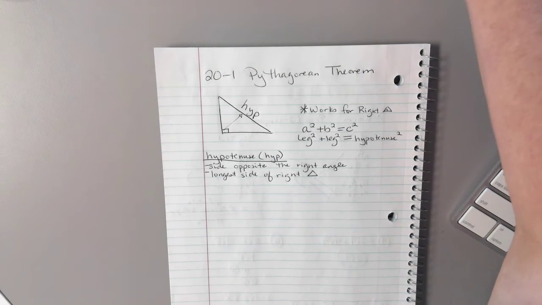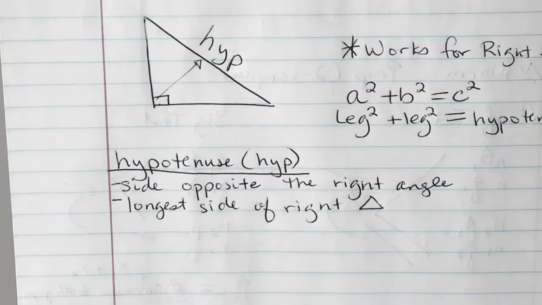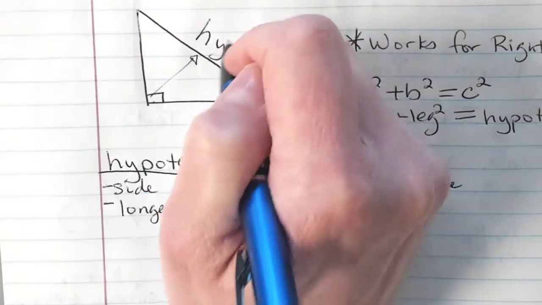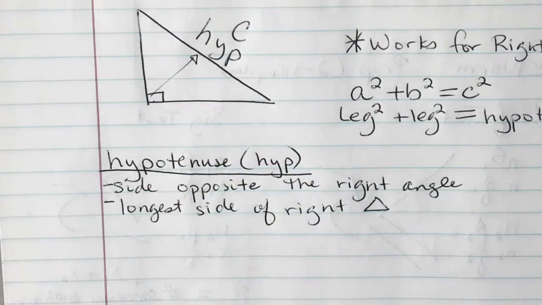That is our hypotenuse. It's going to be the longest of the three sides. Let's see if we can get you to see that. Hang tight, make the equipment happy. So the hypotenuse is the longest of the three sides and opposite the right angle. And we often like to label it with the letter C.